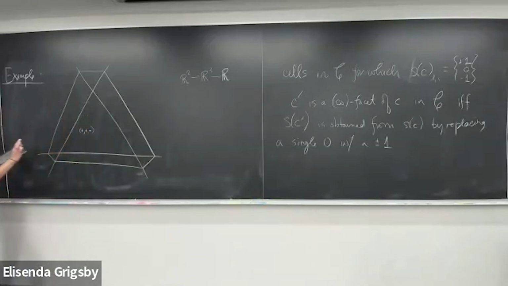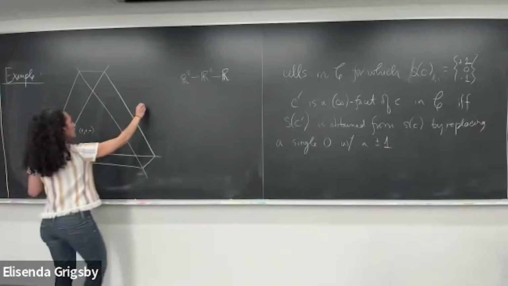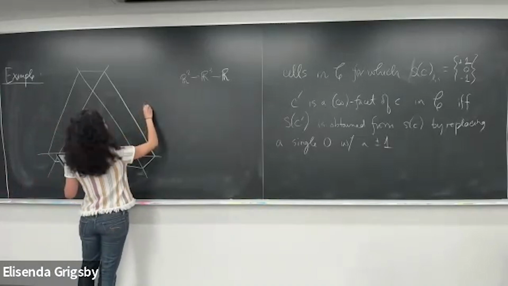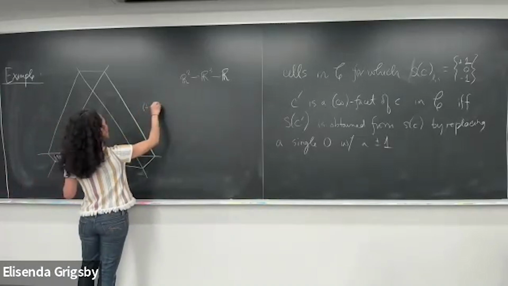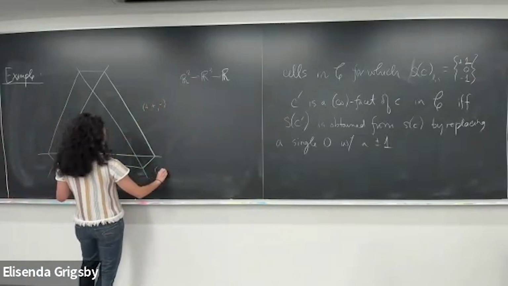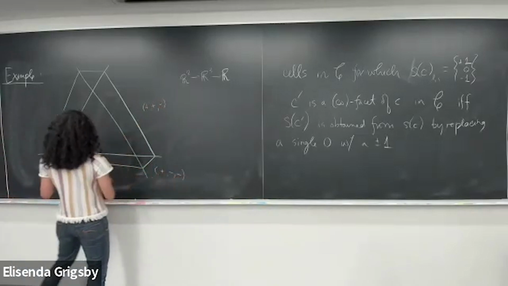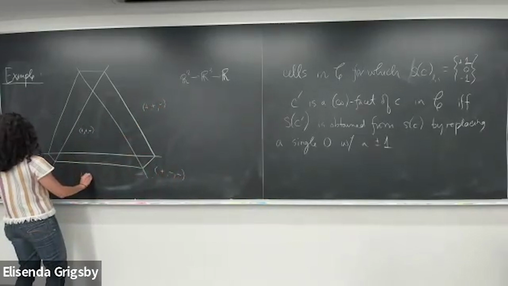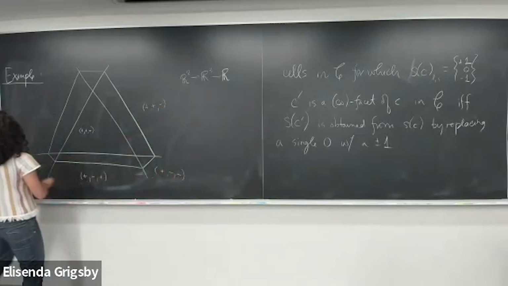Well, I'm going to do the first layer first, and then I'll do the second layer. Because remember, you're gradually getting subdivisions of your polyhedral complex as you add more layers. So let's do the first layer first. Out here, this is plus, plus, minus. Plus, minus, minus. Plus, minus, plus.